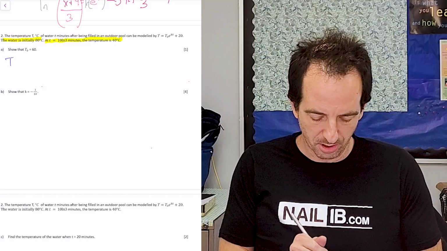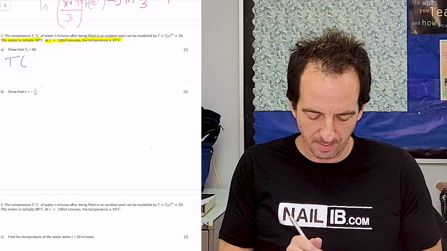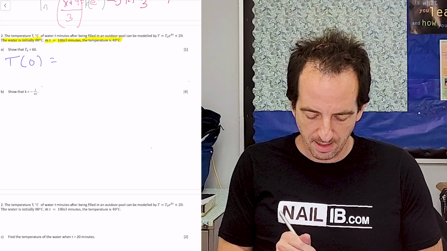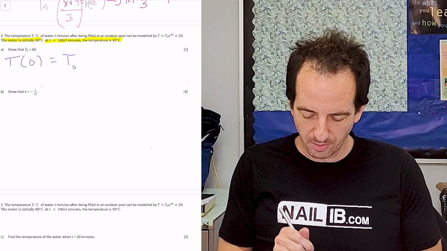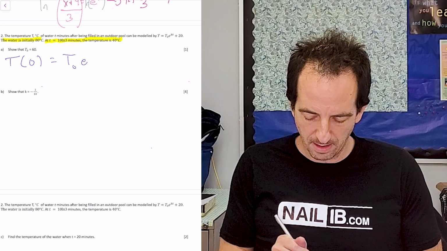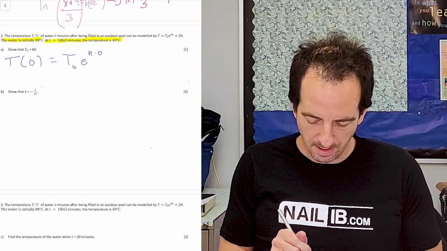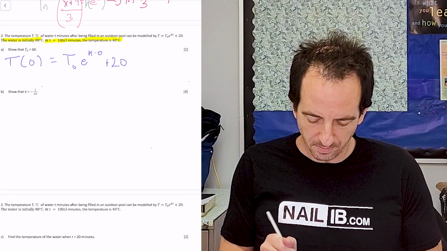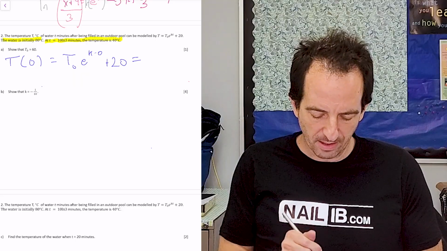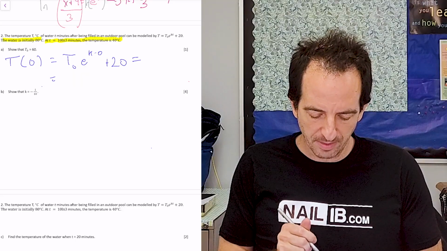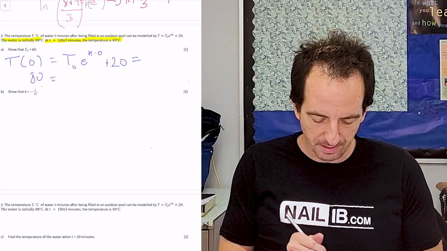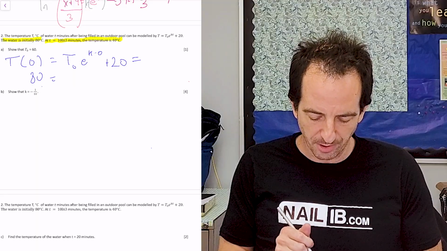So just to show how we could do this, we could show that at time 0, t subscript 0, e to the k times 0, plus 20. And what is that going to be equal to? We know at time 0 the temperature should be 80 degrees, according to what they told us, that's the initial temperature.